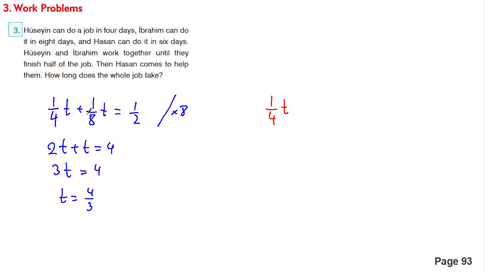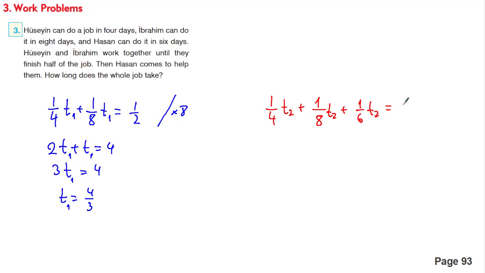But to not get confused with two different variables t, we will assign this one t1, so time 1. And the other one, we will assign time 2. Plus, Ibrahim's work rate, again, is 1/8 t2, and Hassan's work rate is 1/6, also for t2 hours.